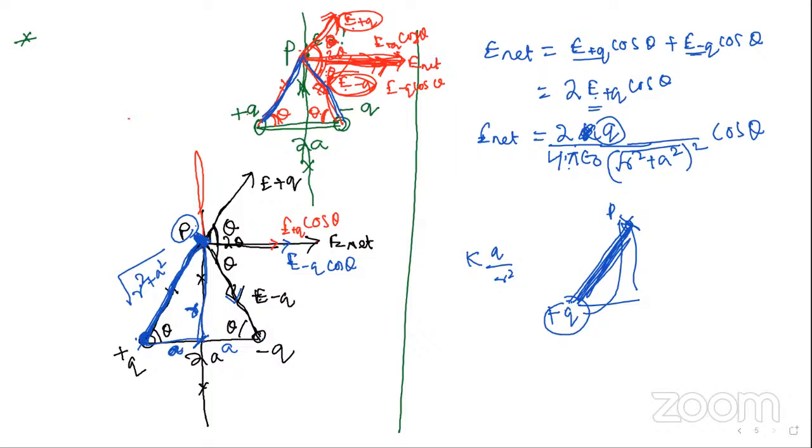We do not know what this is, so we have to use Pythagoras theorem to get a relation between A and R. That's why we have done A square plus R square, because this is the distance R between Q and the point P. Similarly for this side also, that's why it becomes 2 times. KQ by R square, where R is root over R square plus A square. Clear?